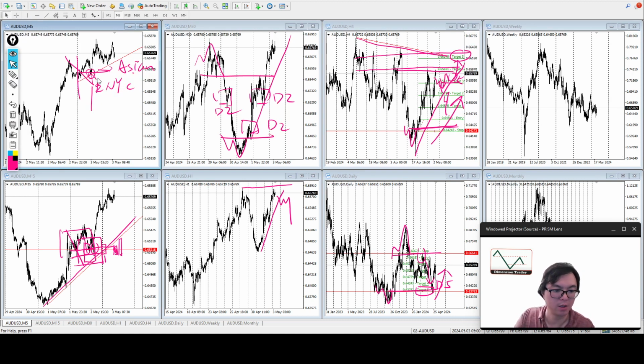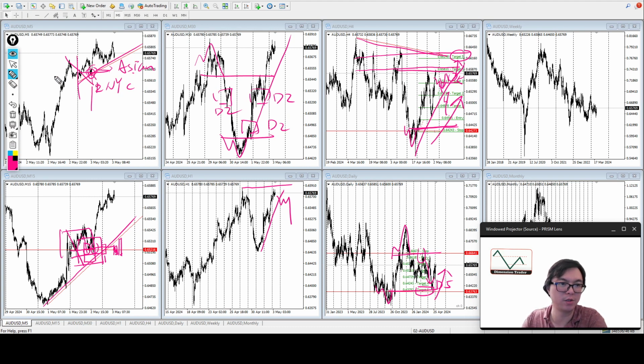That time is 2 hours after the Asian session opens. We did not catch this one, but whoever is trading the continuation, especially at New York close, New York open, Asian close, Asian open, this is a good opportunity for you to scalp.